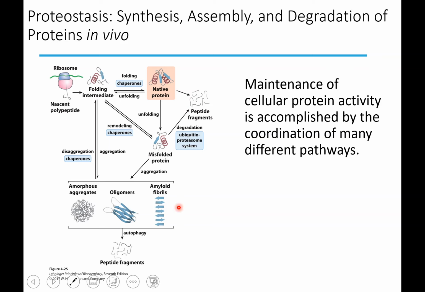Those are all examples of protein aggregation. Okay, and then that in your body will trigger a response that sequesters those aggregates, removes them, and then digests them into peptide fragments. Okay, so this whole process is the process of proteostasis.